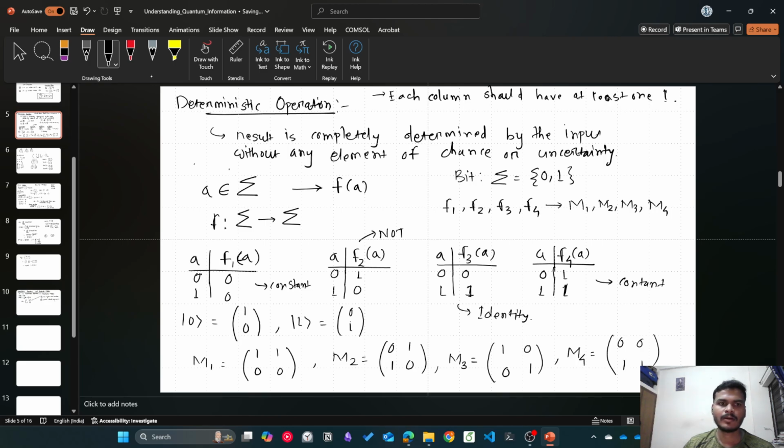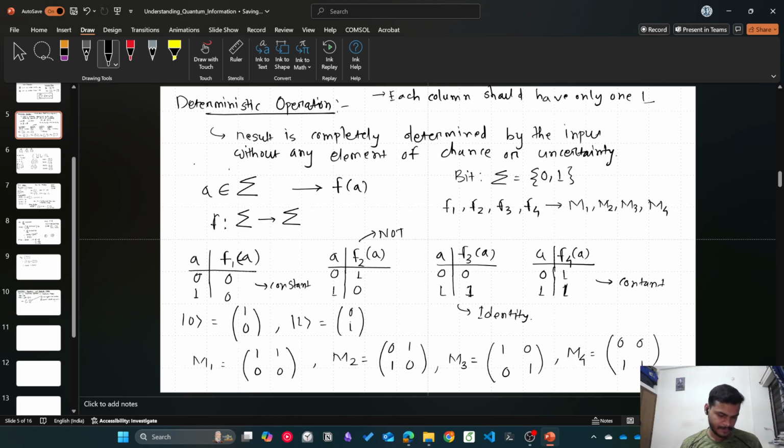Should have only one, I guess. You cannot have multiple ones because it will sum up to some different numbers, which we do not want, right? Only one 1. I think those are the properties of a deterministic matrix.